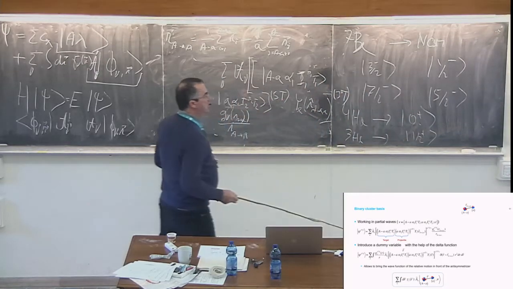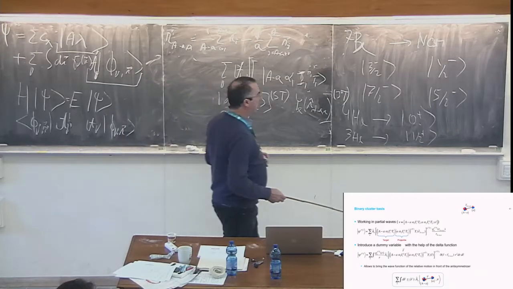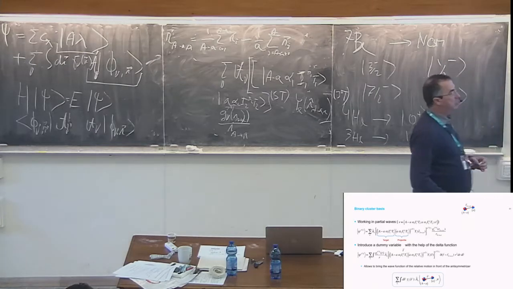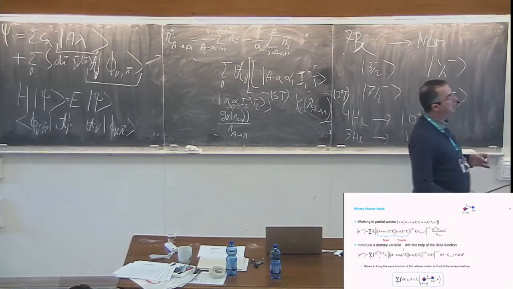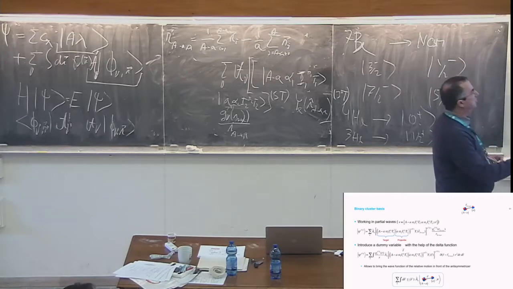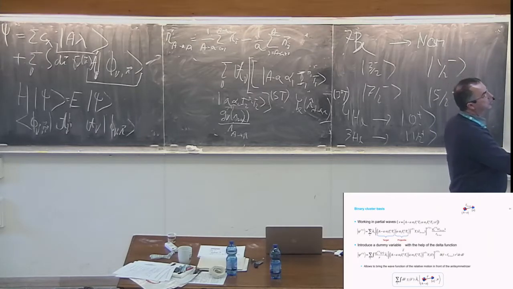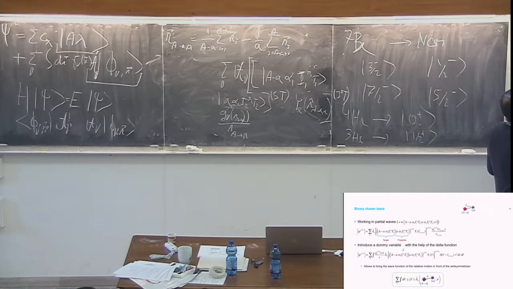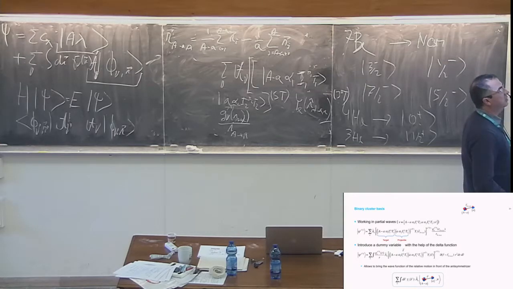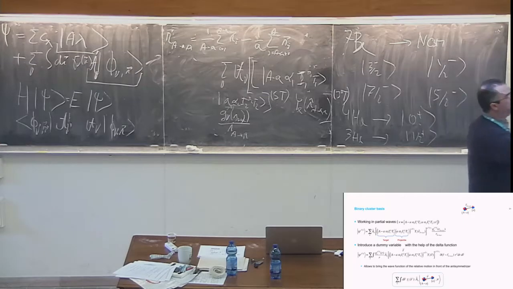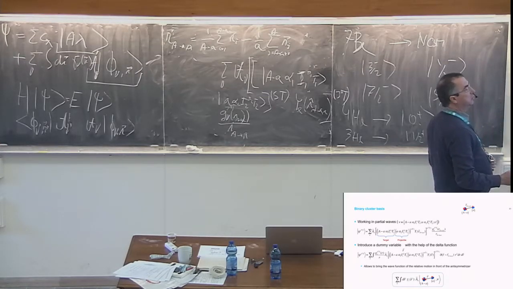Now I can introduce this dummy variable R with the only purpose to pull out the G in front of the antisymmetrizer, because the antisymmetrizer will act on the nucleons in the target and projectile, on the spherical harmonics, but also the G. I prefer to have the G outside, because the G is something that I want to solve for eventually.